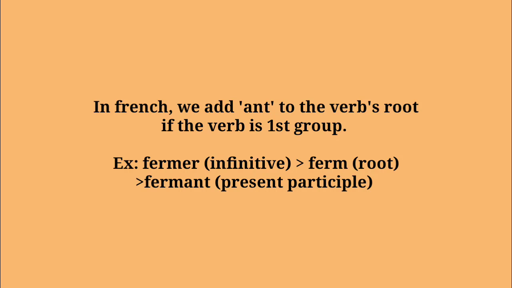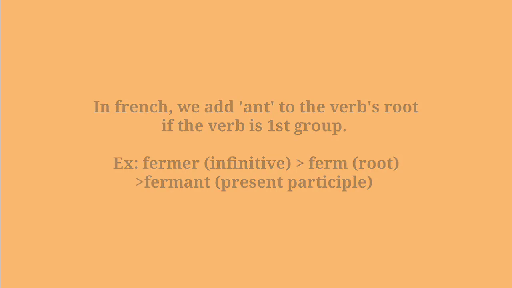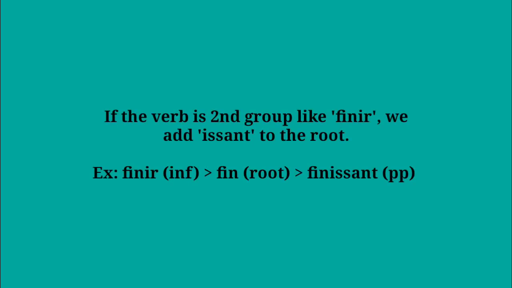So we add ant to the root. If the verb is from the second group, like finir, we add issant to the root. Example, finir is the infinitive, fin is the root, finissant is the present participle of the verb.